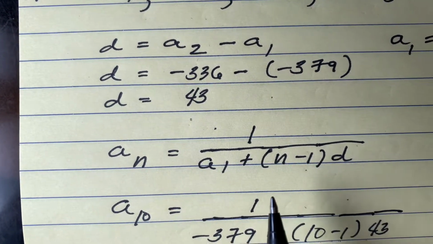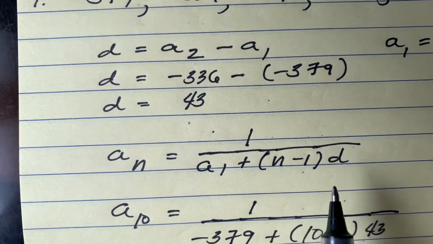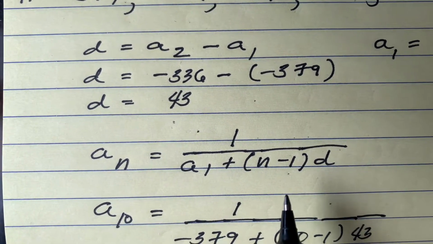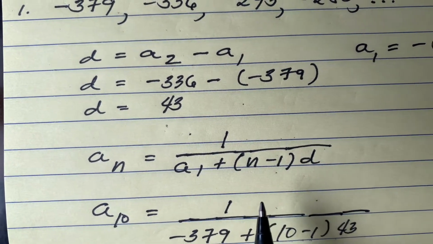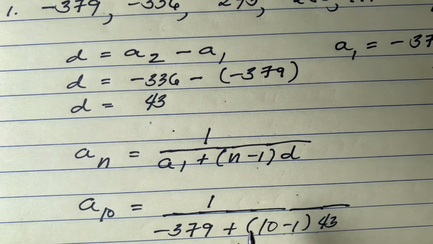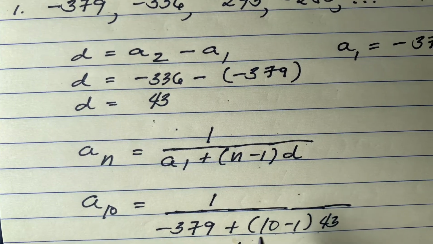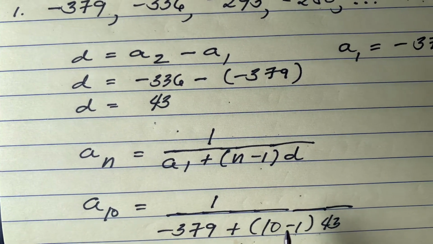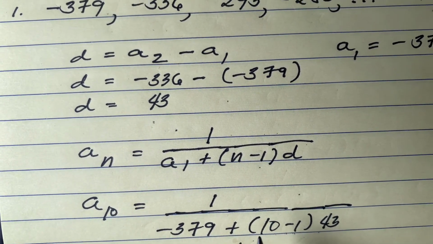And if the set of denominators of a given sequence follows the pattern of an arithmetic sequence, then it's definite that the kind of sequence is known as harmonic. Always remember that. Harmonic sequence is taking the reciprocals of the terms of an arithmetic sequence.